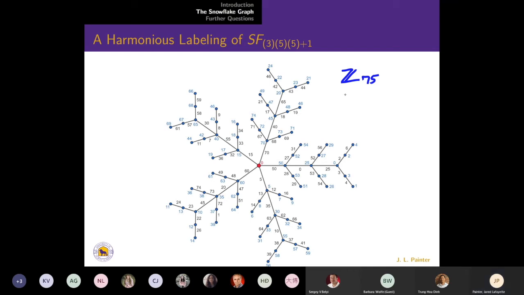Then my H here is going to be the subgroup generated by 5. So that's my 5. This is my R, by the way, and then my K is going to be the subgroup generated by 5 times 5, or 25.